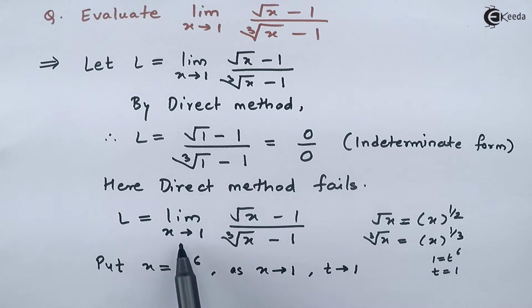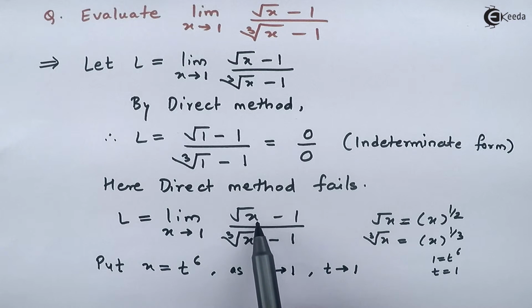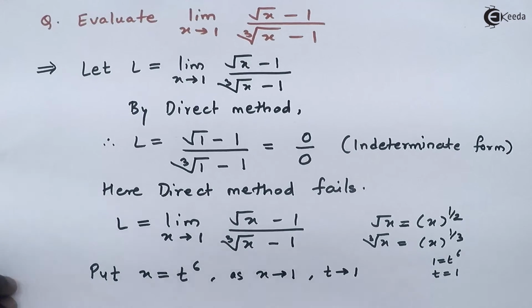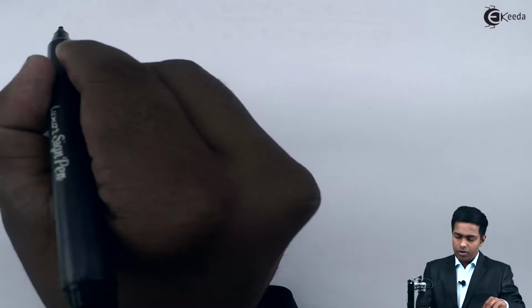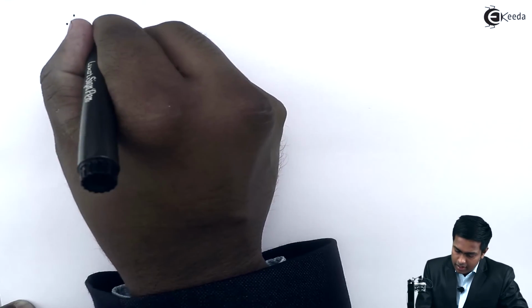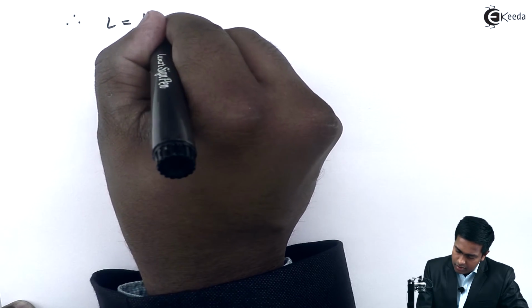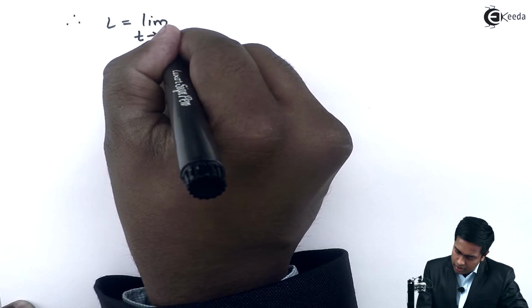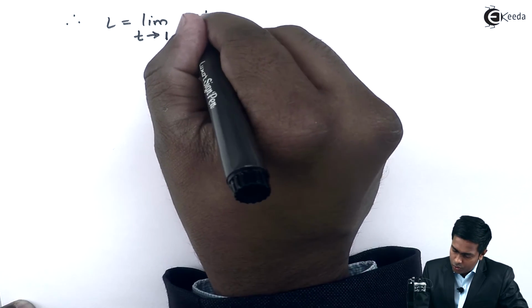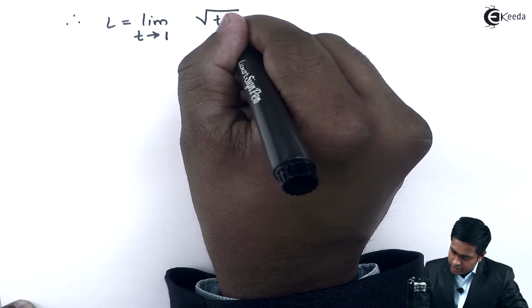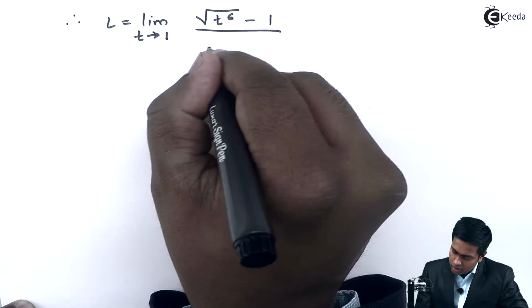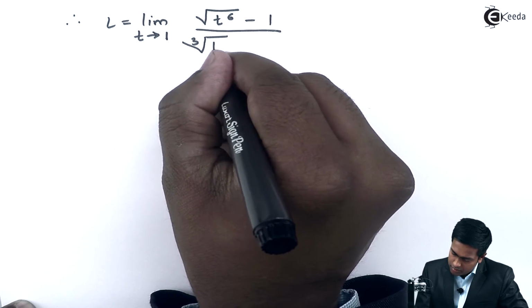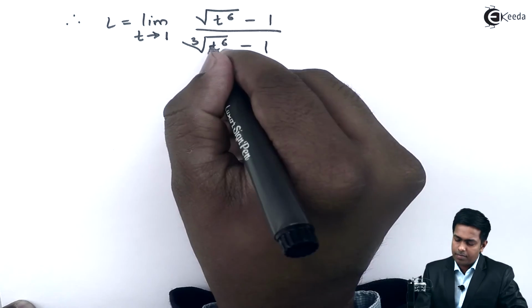So we'll substitute t tends to 1 in place of x tends to 1, and for x we will substitute t raised to 6. Therefore we will get L as limit t tends to 1, root x will become root of t raised to 6 minus 1, and cube root of x will become cube root of t raised to 6 minus 1.